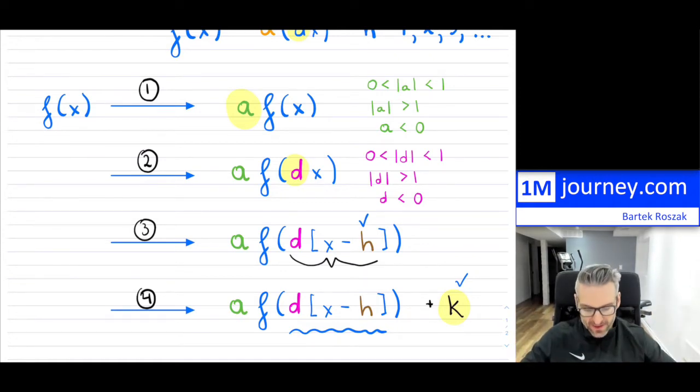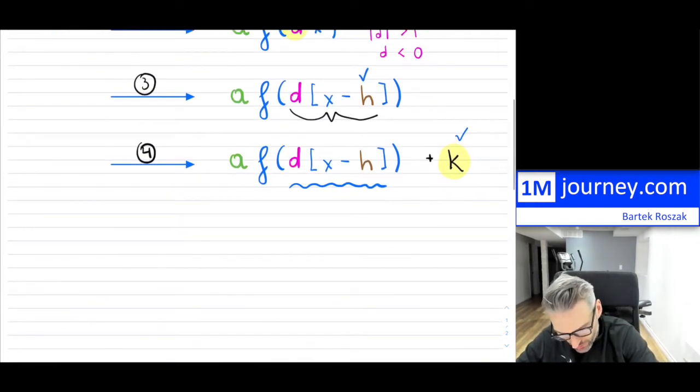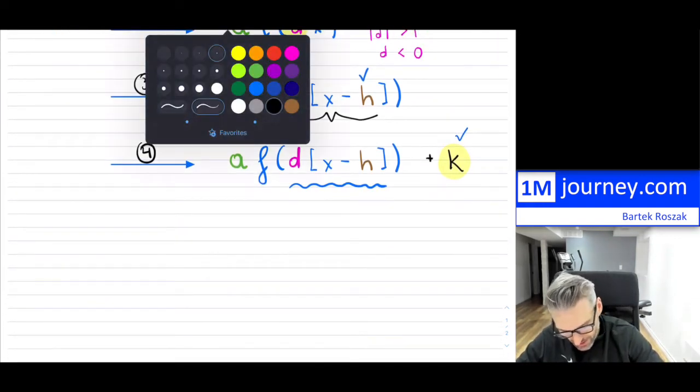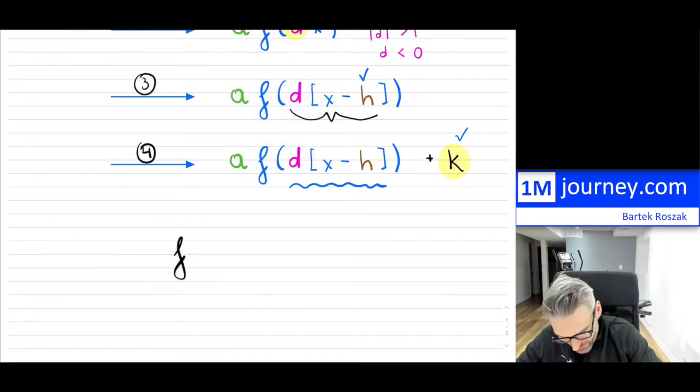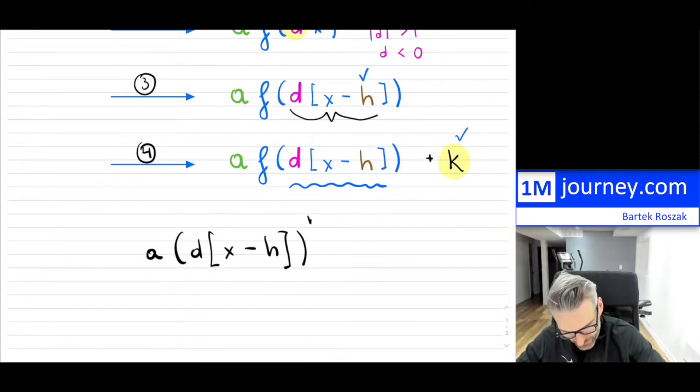All right. So, if we write it down in full for our power functions only, we would have f, which now gets multiplied by a. Then we have a d, and then this is x minus h. So this is our power function. I apologize here, this is my f, let me shift this over.